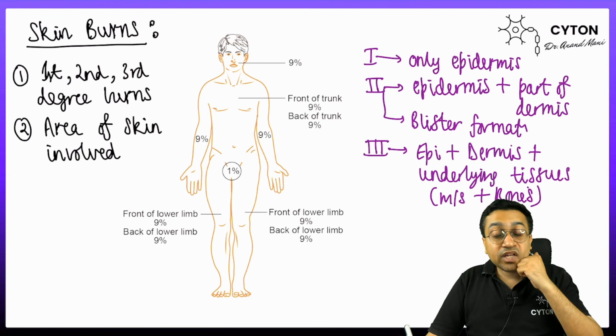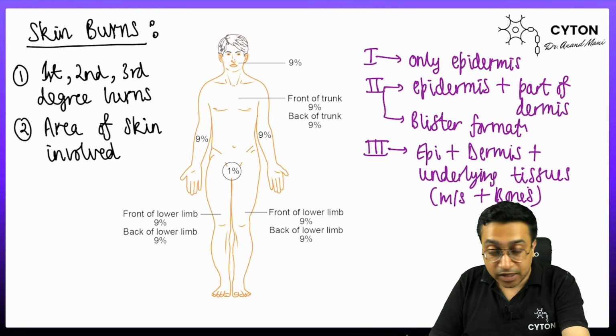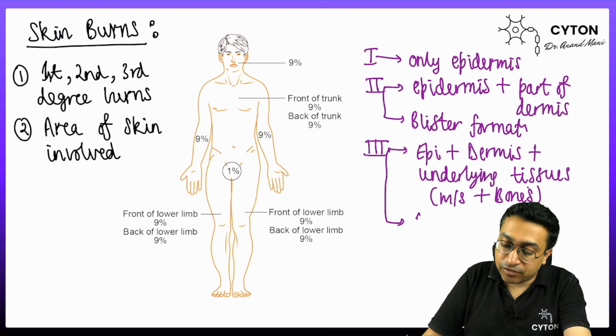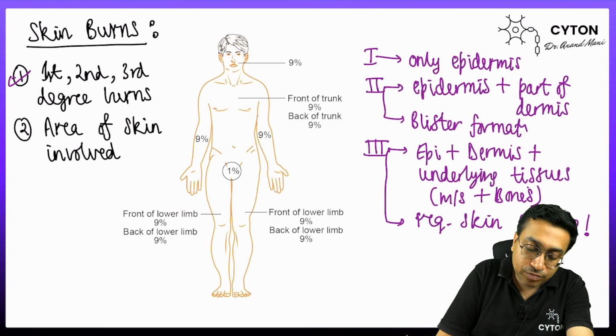So the burned area is insensitive to touch, it heals with scarring obviously, and this requires skin grafting. This is the most severe variety out of the three. So these are the degrees of burns.